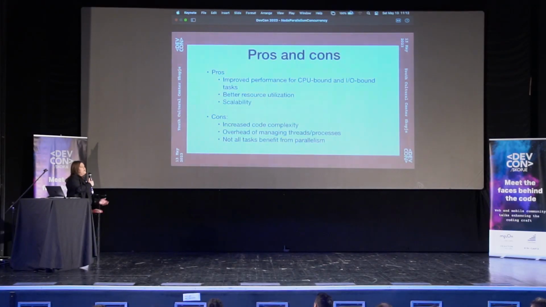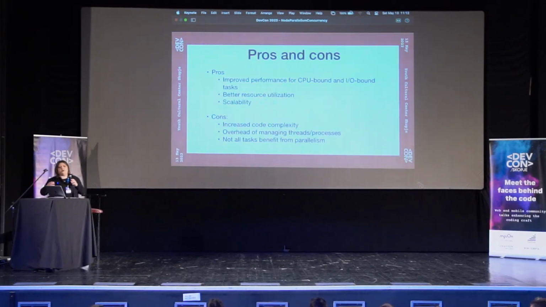We are just spending money on the other resources. Also scalability. When it comes to the number of requests that we can handle in our application, we are going to have better handling of those requests.